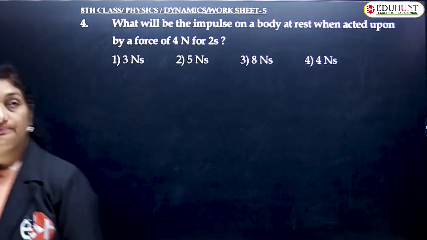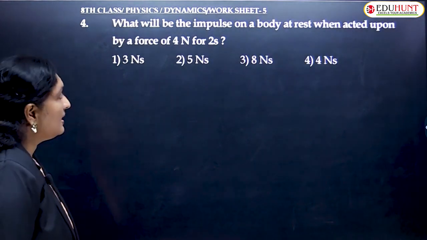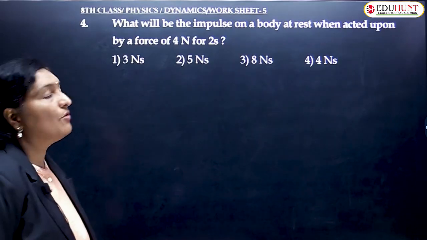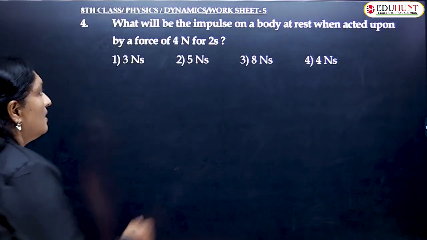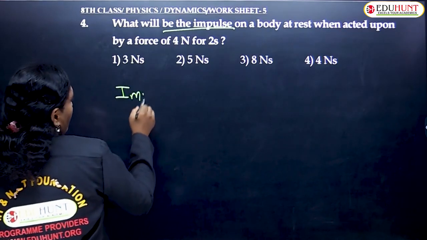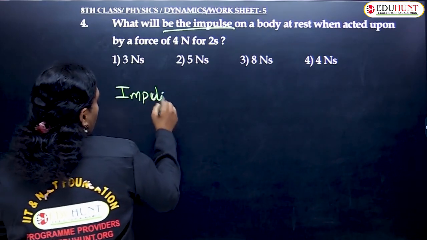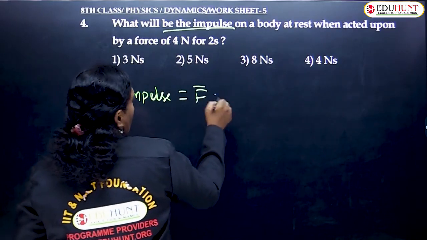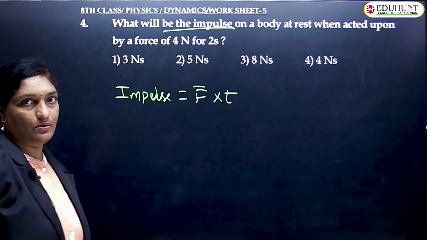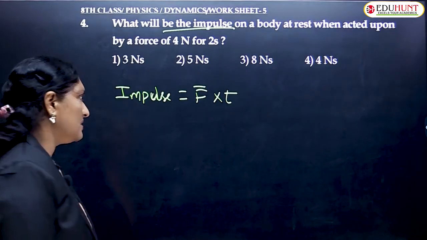Moving ahead, what will be the impulse on a body at rest when acted upon by a force of 4 Newton for 2 seconds? What are you asked to find out? Impulse. Impulse is the product of force and time. Here no information regarding momentum or change in momentum is given.